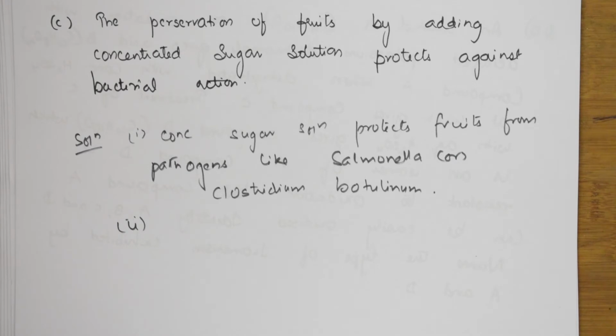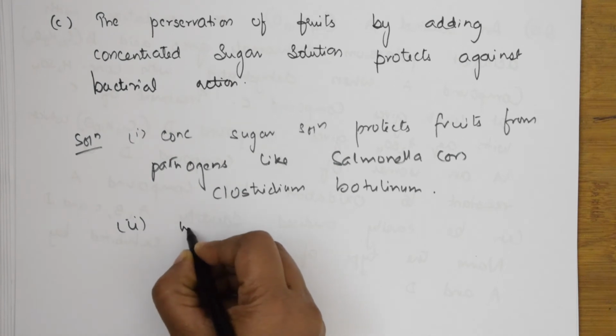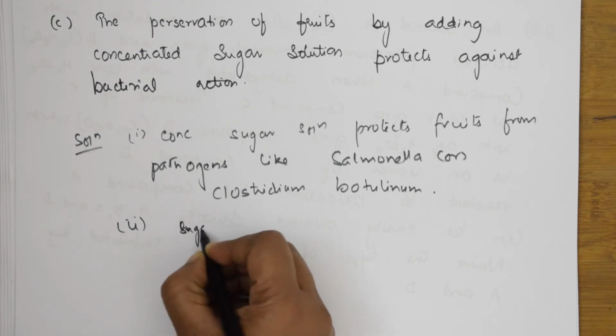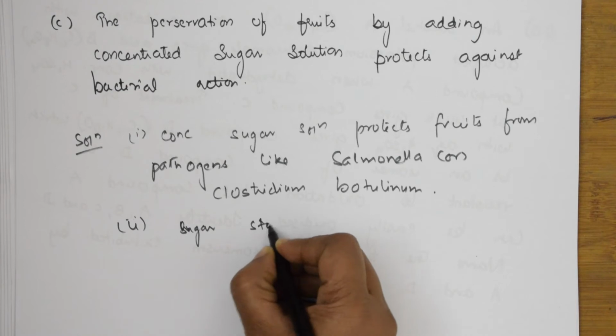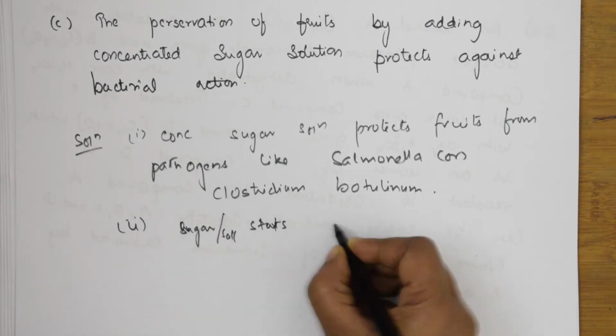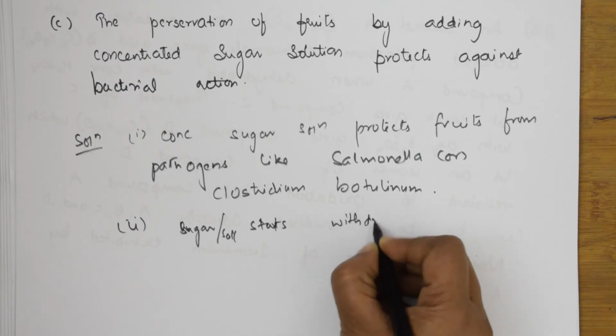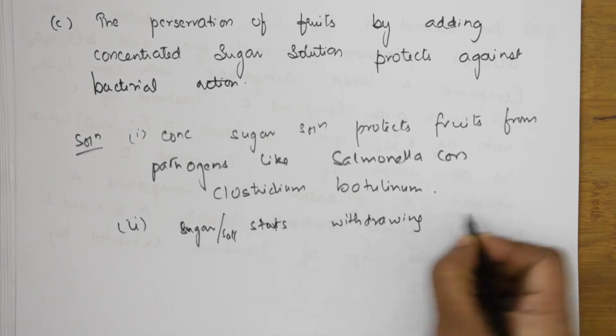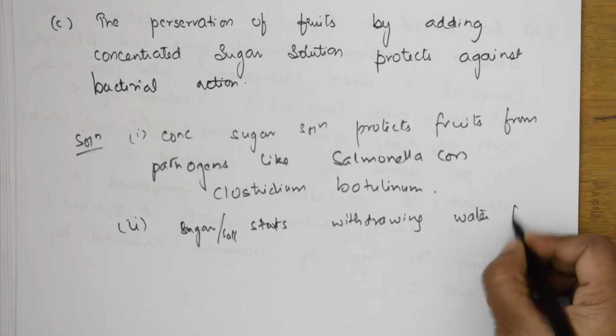It starts withdrawing water from, means this sugar, whatever is that, it will get inserted into the cell wall of that, and it starts withdrawing water from the fruit, sugar or salt. Let us write sugar or salt. It starts withdrawing water from where?